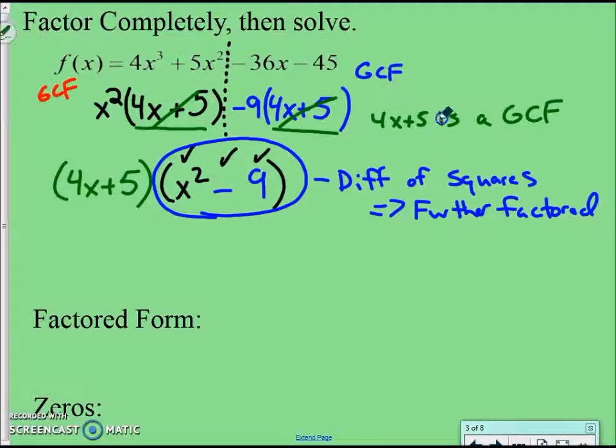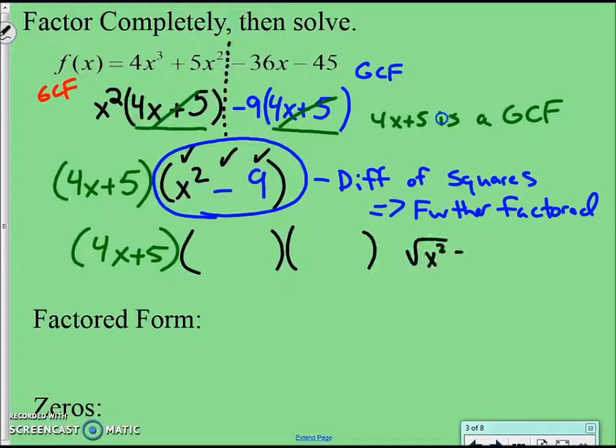Again, the 4x plus 5 will stay the same. But we'll now have 2 factors for x squared minus 9. We see the square root of x squared is just equal to x. So our first terms in both binomials will be x. Take the square root of 9. That's equal to 3. So we're going to have 3 as our final term here.